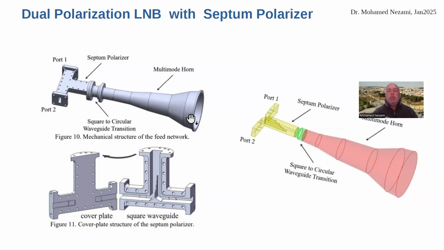What we want to do is get from the horn this signal, which most times is either left-hand circular polarized or right-hand circular polarized. So it contains both X and Y, or you can say real and imaginary portions of the signal.